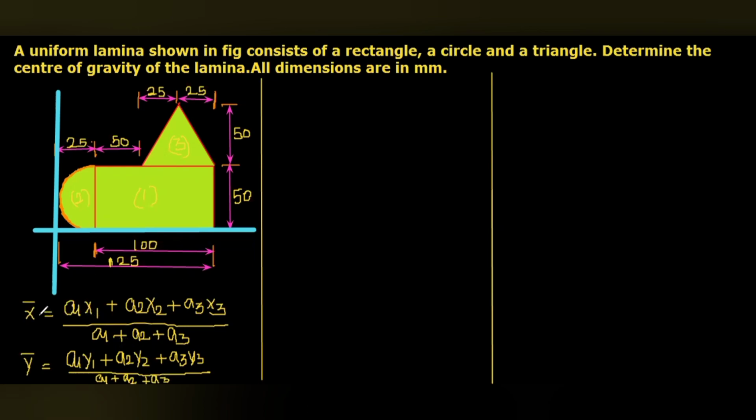So to calculate x bar and y bar, we need to calculate A1, A2, A3, that means the areas of the three different laminas. Then x1, x2, x3, the distance of the center of gravity of the particular areas from the reference axis.